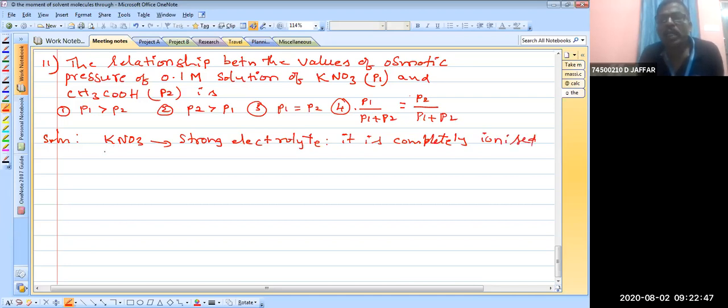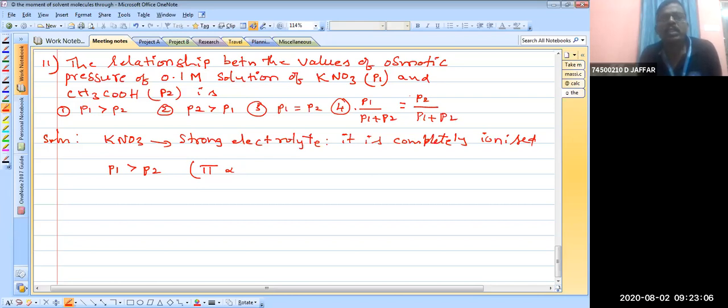Then ionic concentration will be more, right? So that's why P1 is greater than P2. Why? Because π is directly proportional to concentration.